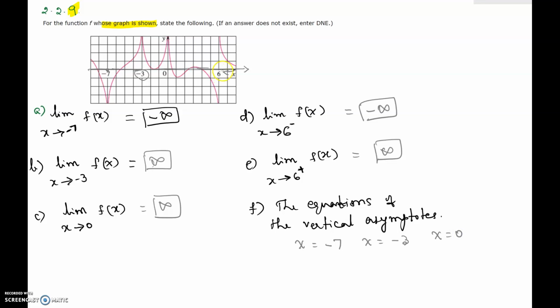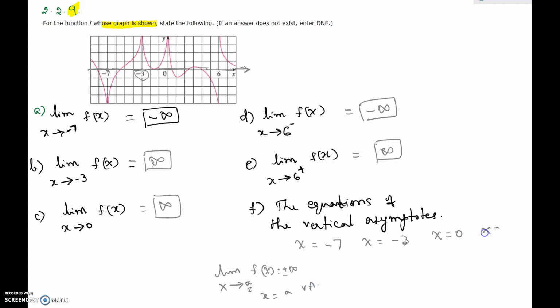In the neighborhood of 6, to the left of 6, it is approaching negative infinity. To the right of 6, it is approaching positive infinity. Either way, x equal to 6 would be a vertical asymptote, because the definition of vertical asymptote is that if the limit as x approaches a, from either the left side or right side, of f of x equals infinity or negative infinity, then x equal to a is a vertical asymptote.